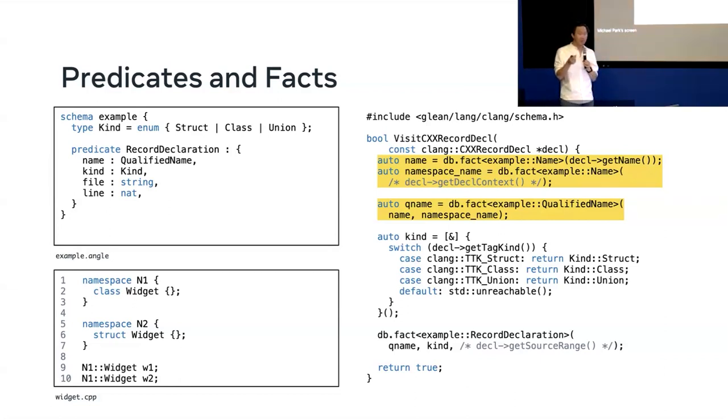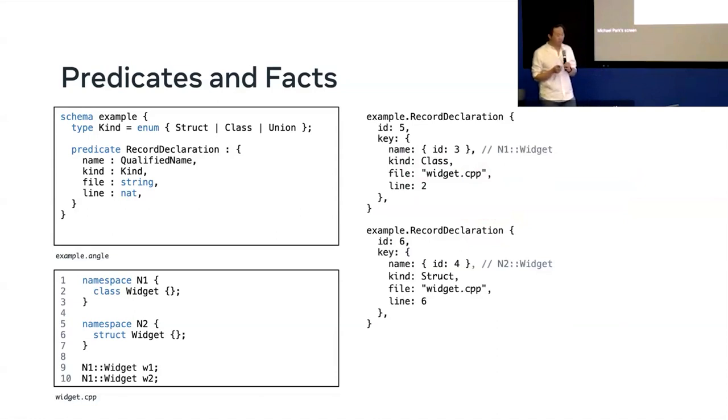So then the Q name itself is also going to be a fact handle, and then you can ultimately pass that at the bottom there. Here we're getting the tag kind and figuring out which kind of record we have, and then at the bottom we build the final fact that we want to write out to the database for record declaration. So Q name, kind, and then the file and line number that we're going to retrieve that I omitted here.